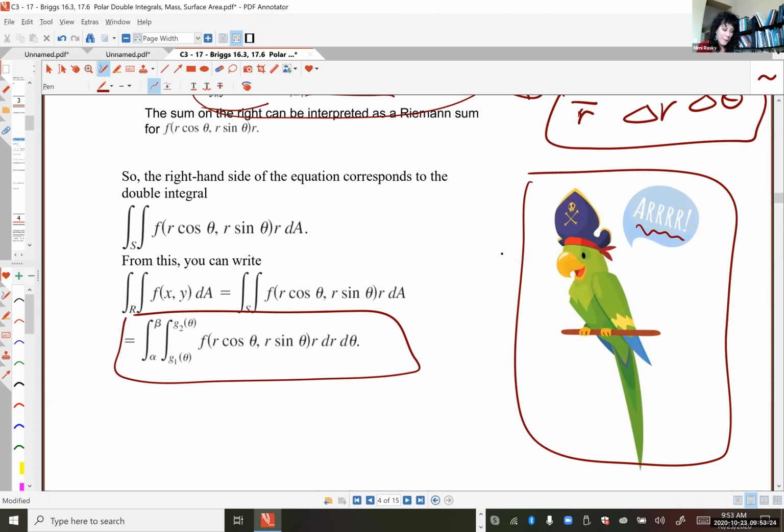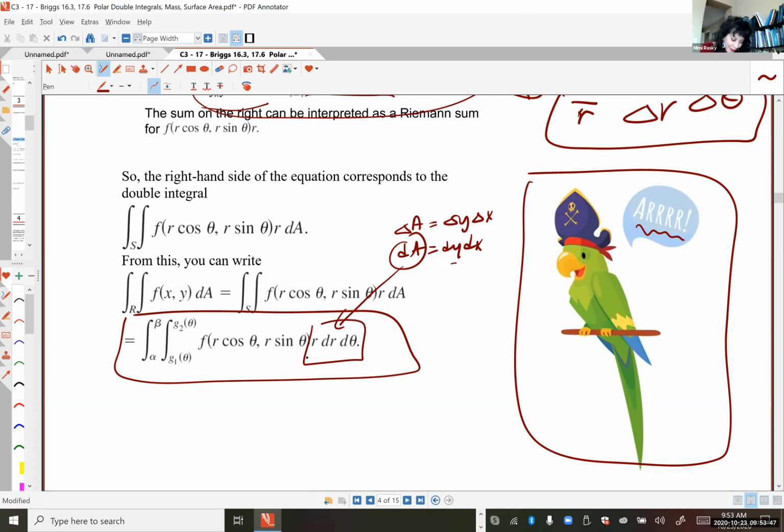Here's what I want you to notice. When we did the area element for rectangular, the delta A ended up being delta Y, delta X, or basically dA could be dy dx. Well, dA in polar doesn't look like just dr d theta. It ends up being r dr d theta.